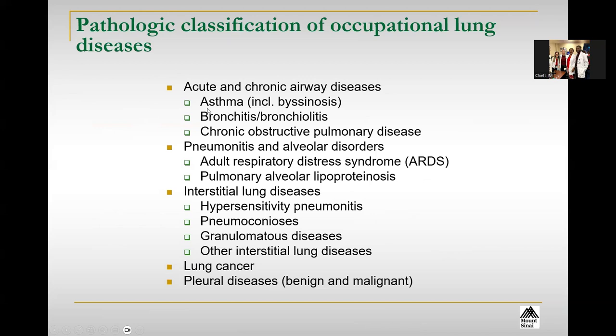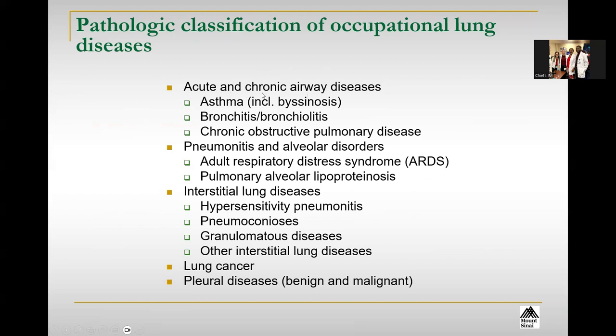I'm just presenting a very brief one, to underscore the fact that almost every major pattern of lung disease that you are going to hear in your series can be caused by an occupational agent.